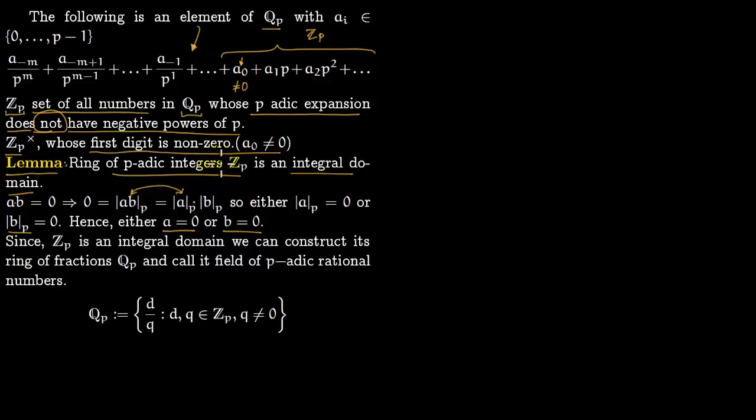So we can construct this algebraically, because since Z sub p, these p-adic integers, form an integral domain, we can construct its ring of fractions. And you can call this ring of fractions the p-adic rational numbers. So again, you can say that it looks like d over q, where d and q are in Z sub p and q is not 0.